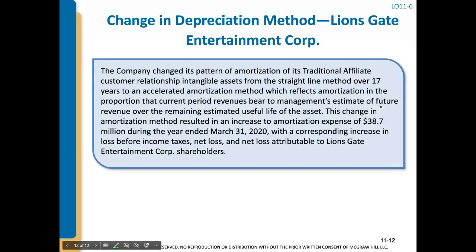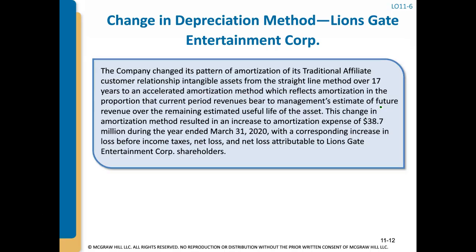Here's another note from the Lionsgate Entertainment Group. The company changed its pattern of amortization of its traditional affiliate customer relationship intangible asset from the straight-line method over 17 years to an accelerated amortization method, which reflects amortization in the proportion that the current period revenues bear to management's estimate of future revenue over the remaining estimated useful life of the asset.